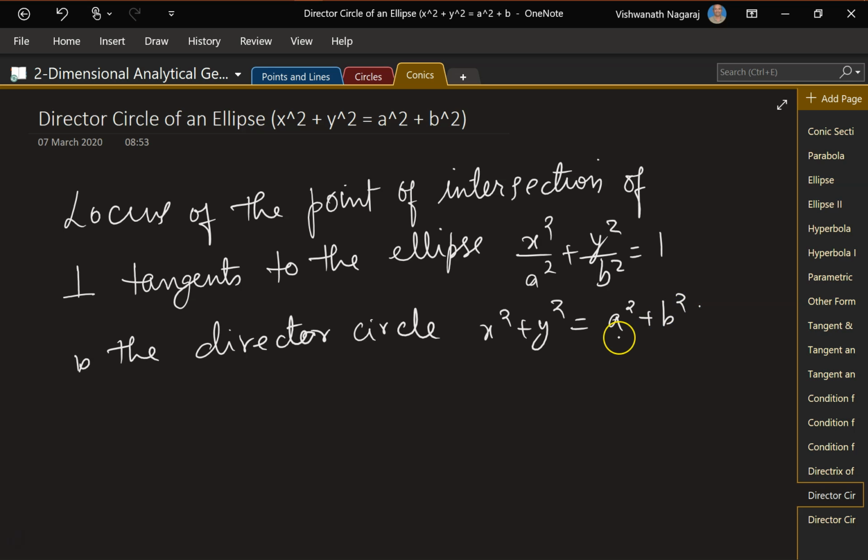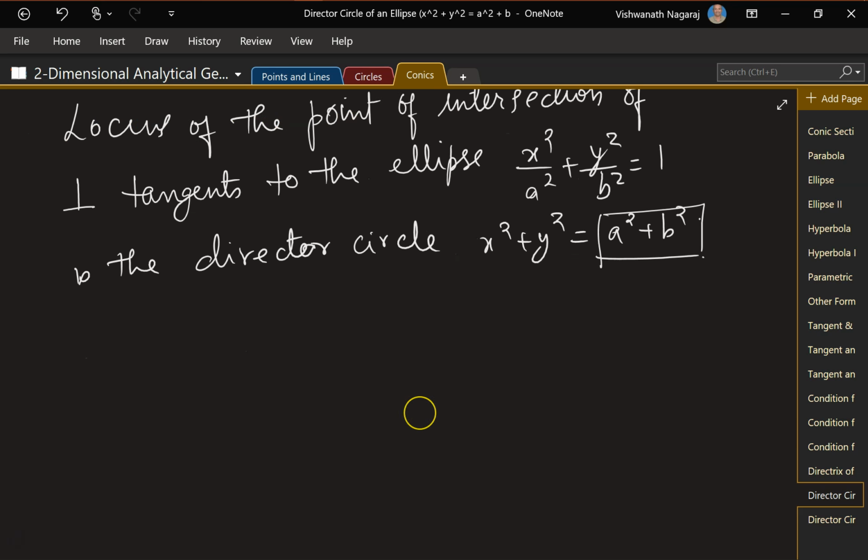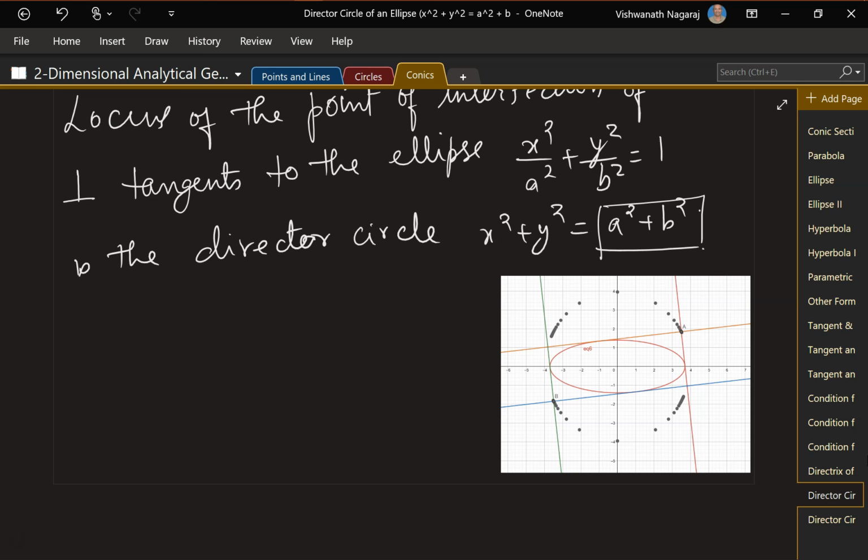Now this is a circle because a and b both are constants. Now how does this look? If you look at this figure, you will notice that there are two tangents and they are perpendicular to each other.